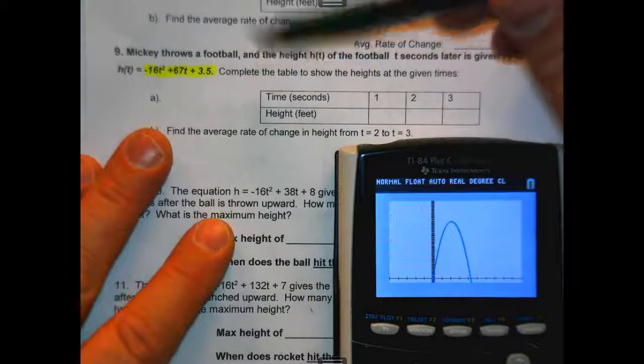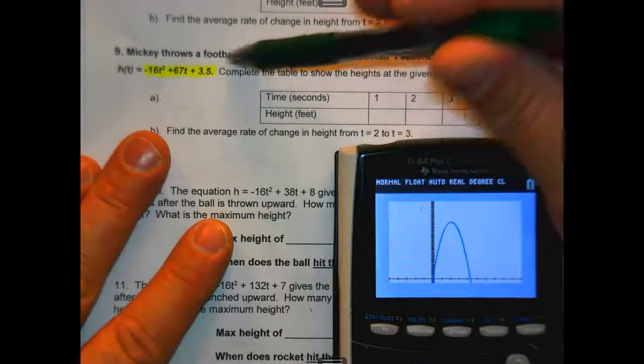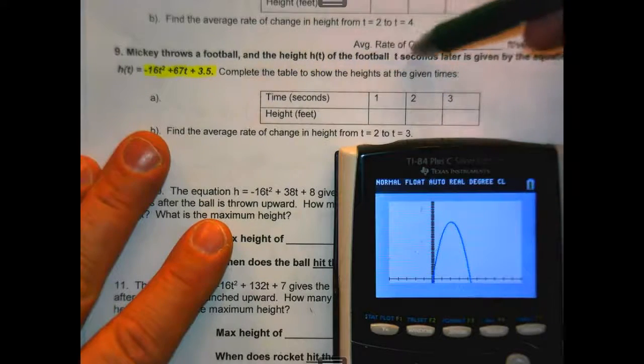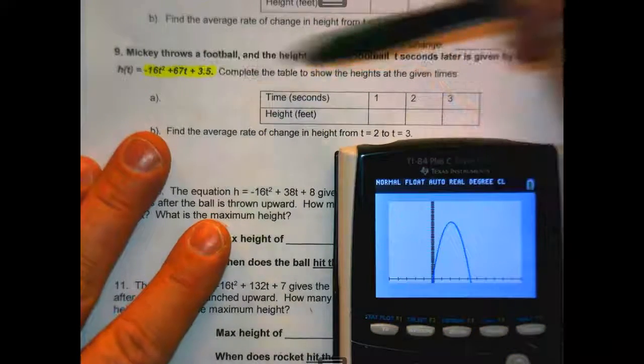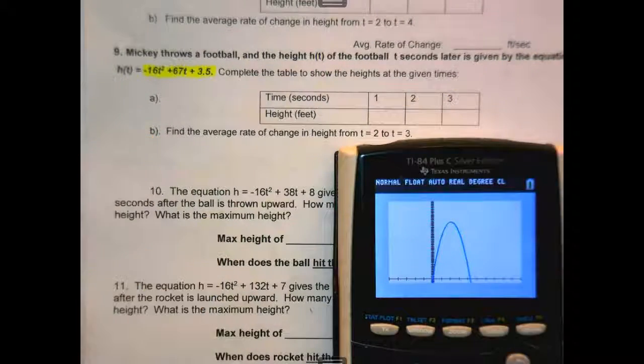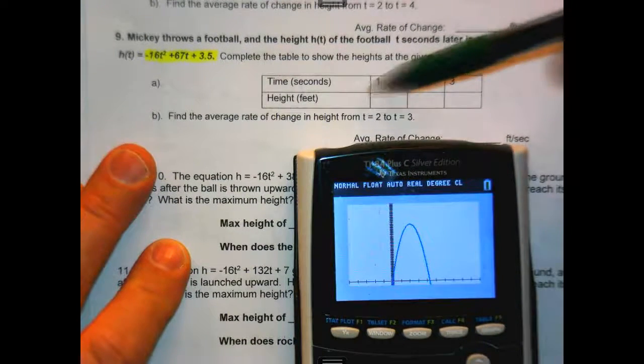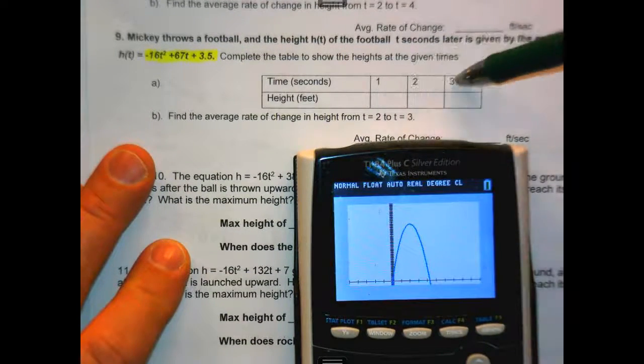So let's see, we're supposed to complete the table shown. The height of the football at time t is given by the equation. How high at 1 second? So actually, all we have to do is find 1, 2, and 3 in our table, right?